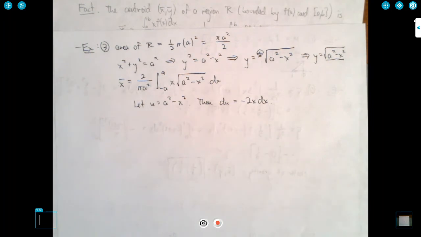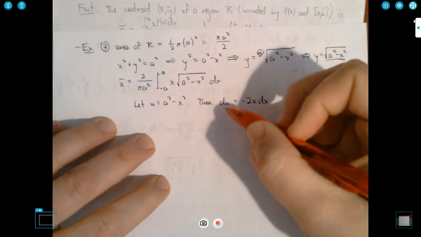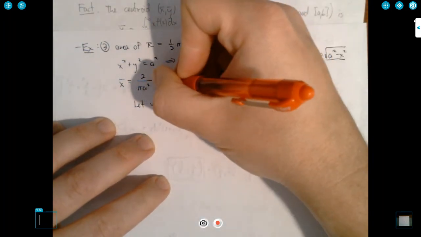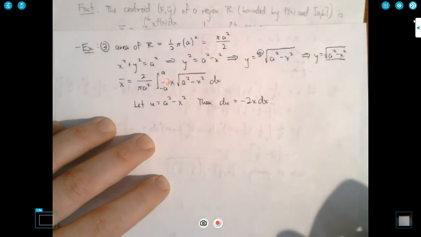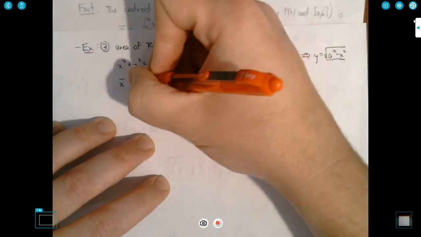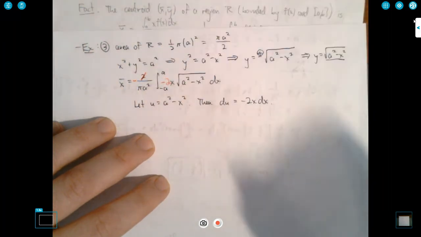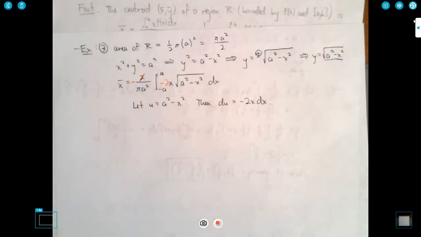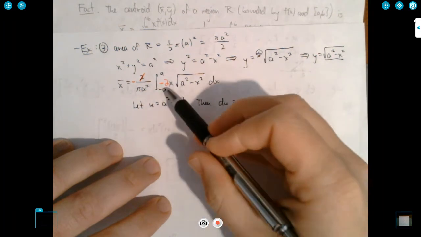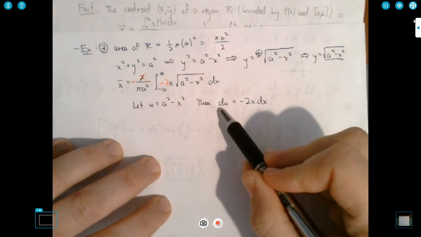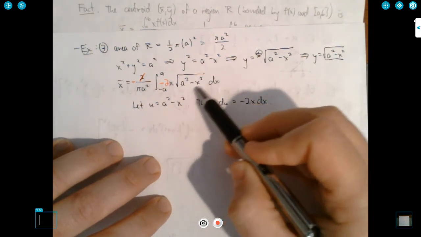But anyway, in order to have the du, I need to have a negative 2 here, which is fine as long as I offset it with a negative and a 2 in the denominator, which will just cancel that one, right? So now I can replace negative 2x dx with du, and I can replace all this stuff with just a u.